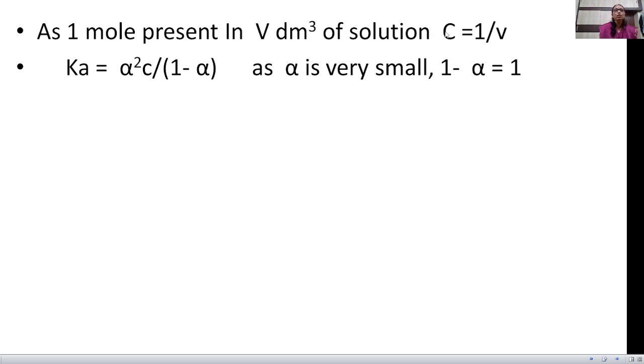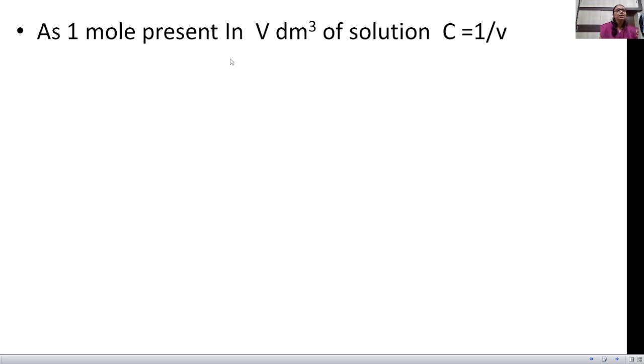C, that is molar concentration, equal to moles upon liter, that is 1 upon phi. Therefore, C equal to 1 upon phi, or 1 upon phi equal to C. Therefore, Ka equal to alpha square C upon 1 minus alpha.